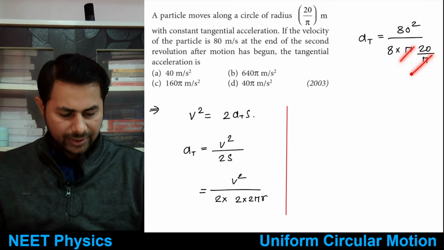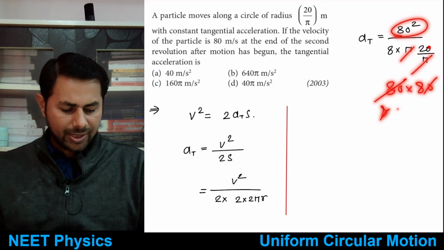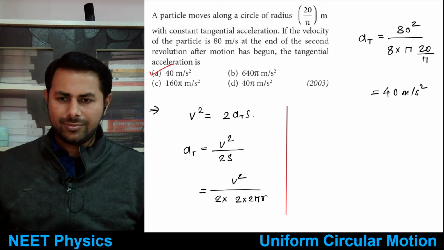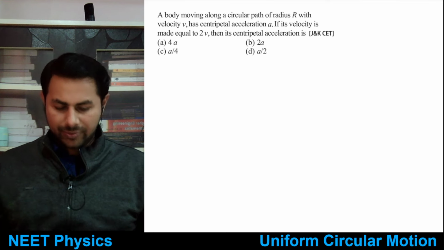So this thing will get cancelled out, okay, and this thing can be written as 80 times 80. So 80 by 8 is 10, 80 by 20 is what? 4, 4 times 10 is 40. So answer is 40 meters per second squared. Okay, so that is another simple question, right? This one is clear? Yes, no? Okay, good. Let's see next one.